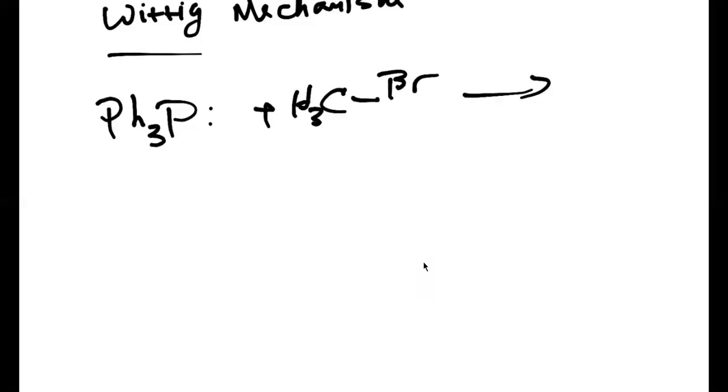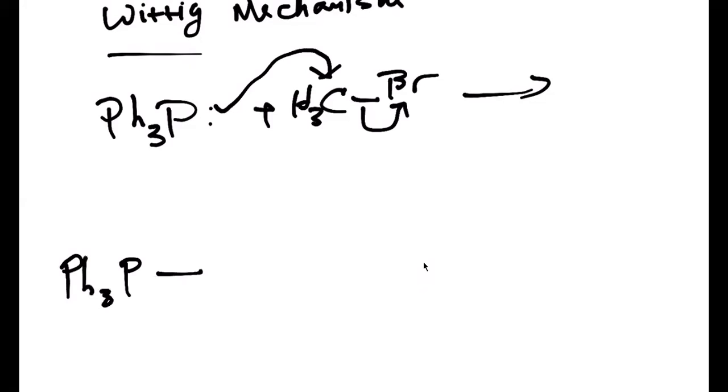It's an SN2 type substitution, right? Where the phosphine comes in and attacks carbon, and you break the carbon-bromine bond, right? So what you end up with is a phosphonium ion. So now this is CH3.